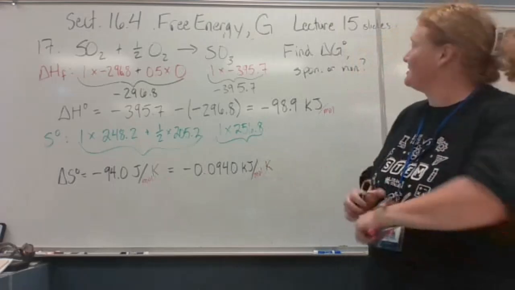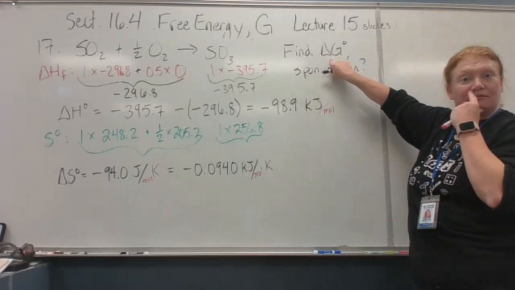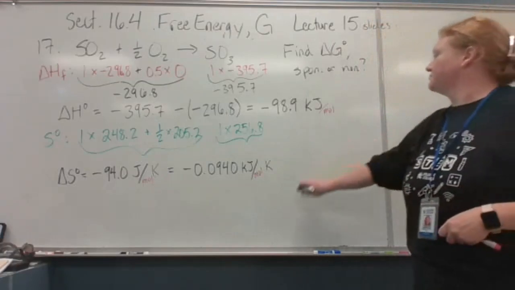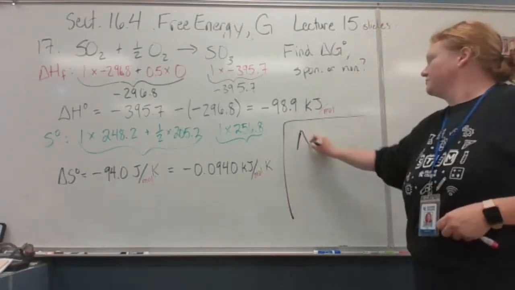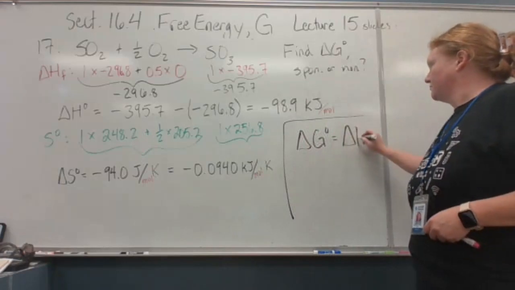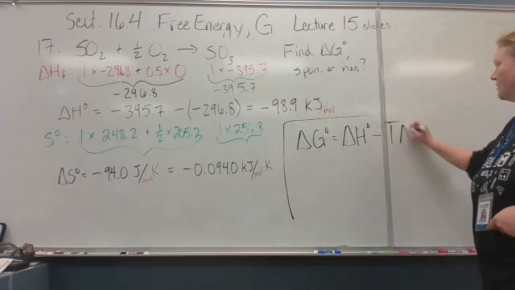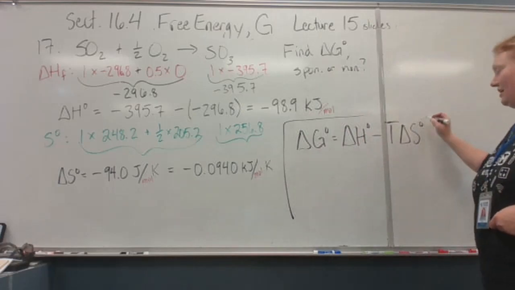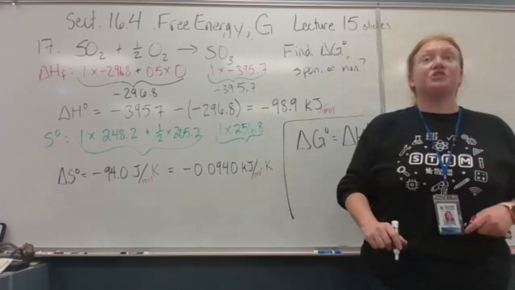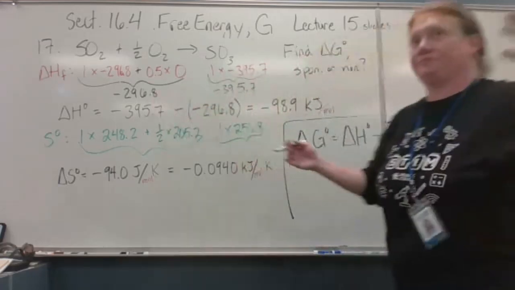What's the last thing I need to do? Find delta G. What was my temperature? 298. It said that in the problem, but if it didn't say in the problem, you should assume it is 298 because we are dealing with standard values.